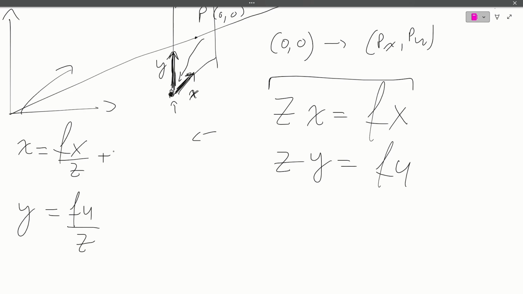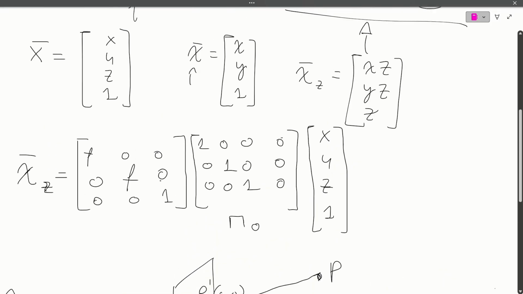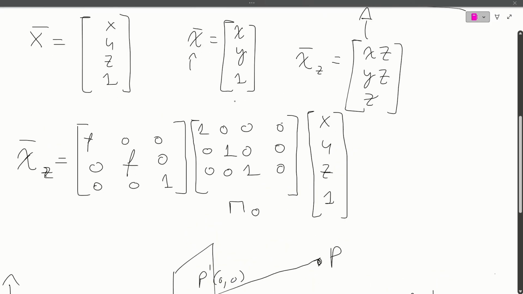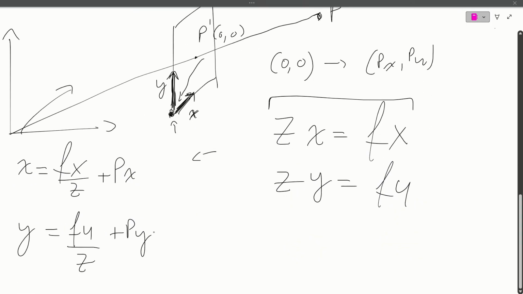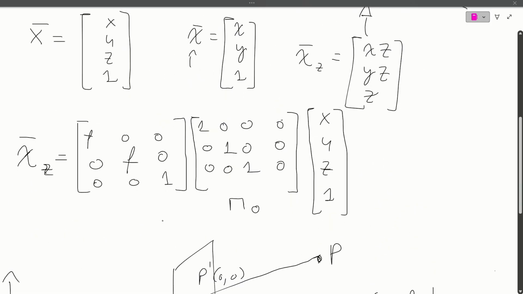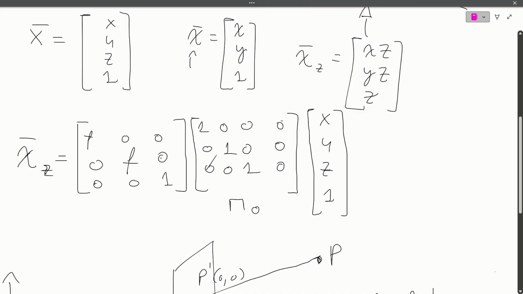We have to add, as I said, px and py. Looking at the matrix form, for adding px and py, we can just modify the matrix, inserting px here and py here. So now we are adjusting the formula.